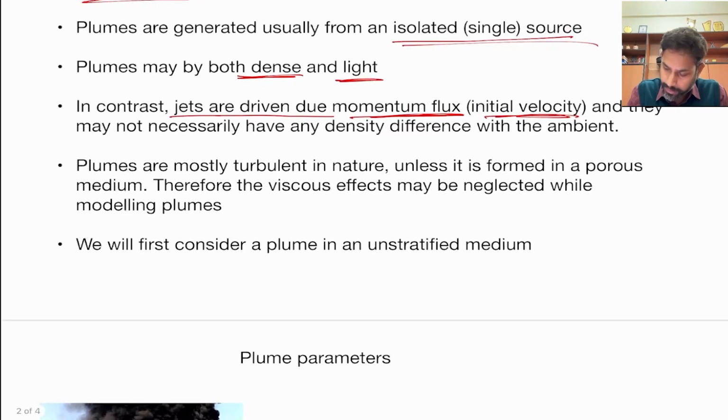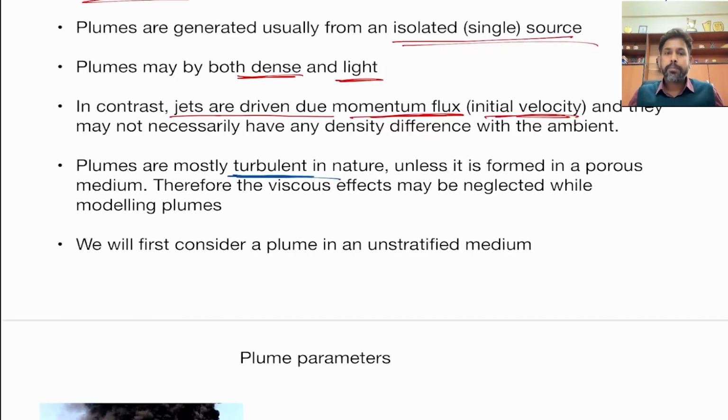Okay, in today's lecture we are going to consider plumes that are mostly turbulent in nature, and in fact plumes are mostly turbulent, except if formed in porous media, which is another sort of plume we are going to see later in the course. But for the next few lectures, we are going to focus on turbulent plumes. The examples we just saw in the last slide are also all turbulent.